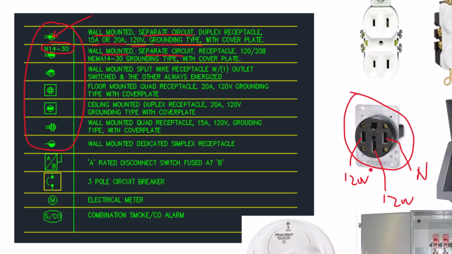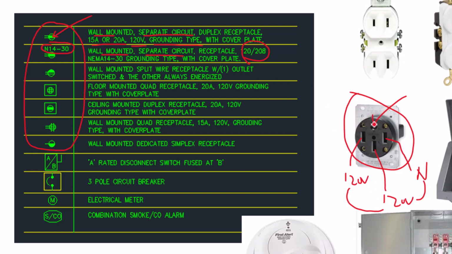Again, the location of these might be different, but out of all of these, two of them are hot legs. One is a neutral, so you make a 120 with one of these hot legs and the neutral, and with the two hot legs, you make a 208 single phase. That's why it's written out like this, where it says 120/208, since you could get both of those voltages from this receptacle.